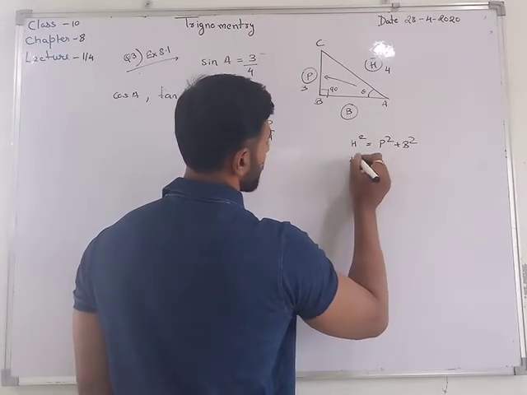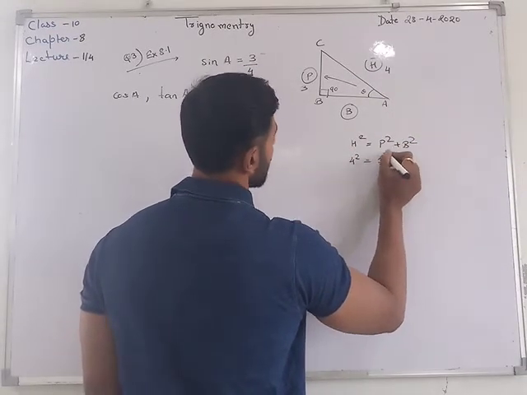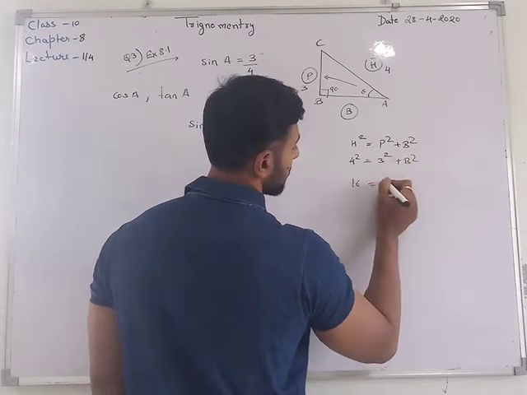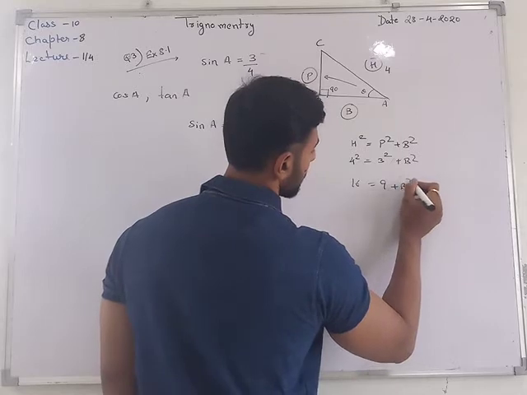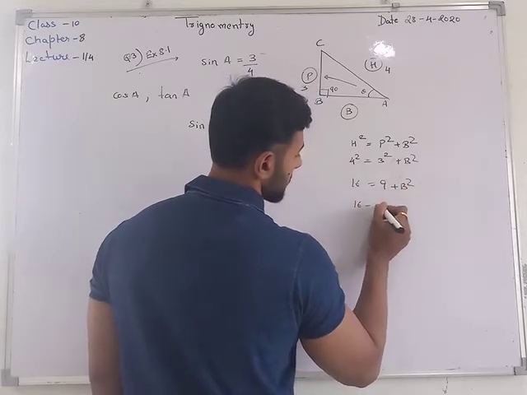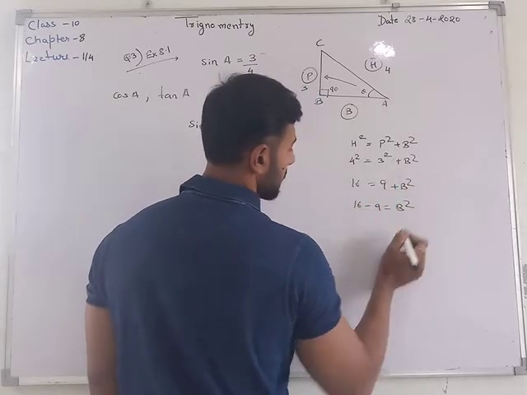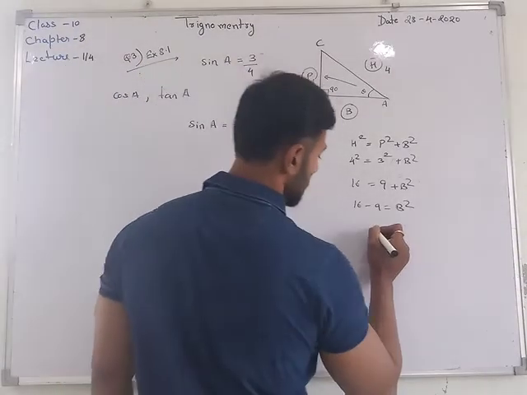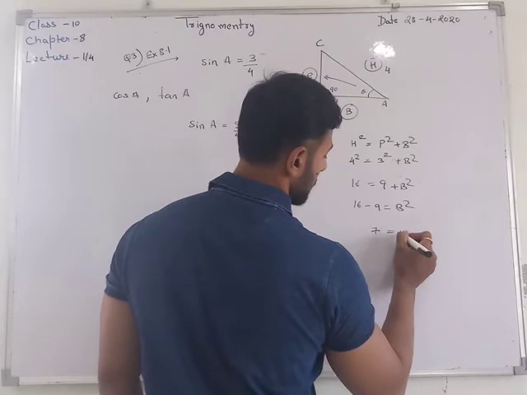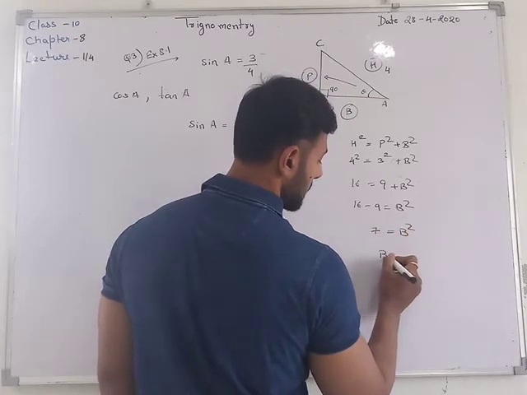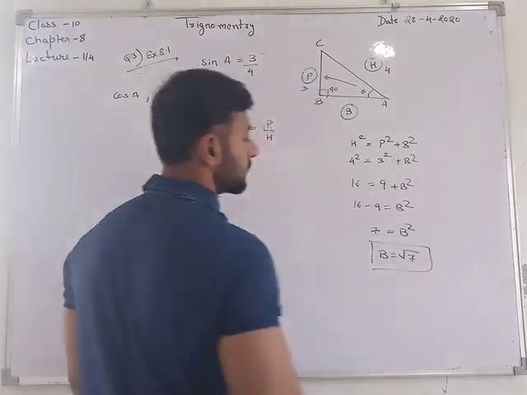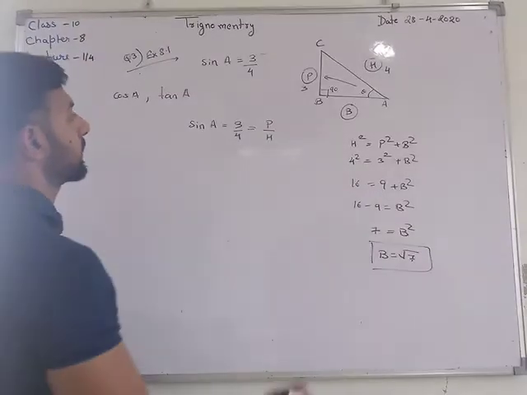H is 4 square, 3 square plus B square. 16 is equal to 9 plus B square. 16 minus 9 is equal to B square. Solving this, 7 is B square. B is equal to under root of 7. So B is under root 7.